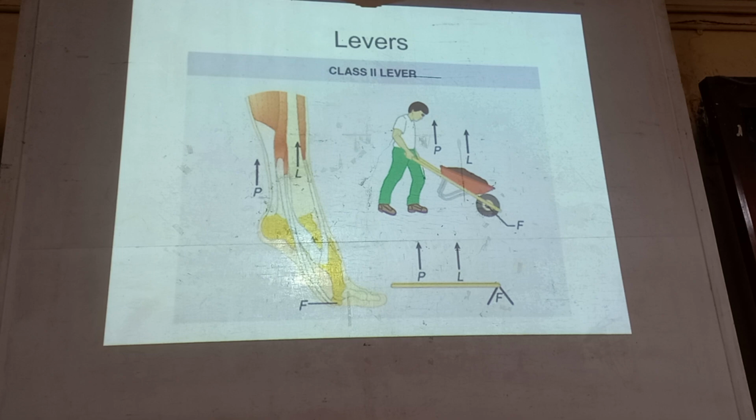When you want to crack a nut, the fulcrum is at one end, the nut is in between, and your hand is away from it. So you have to exert less when you want to crack a nut, in a class 2 lever.